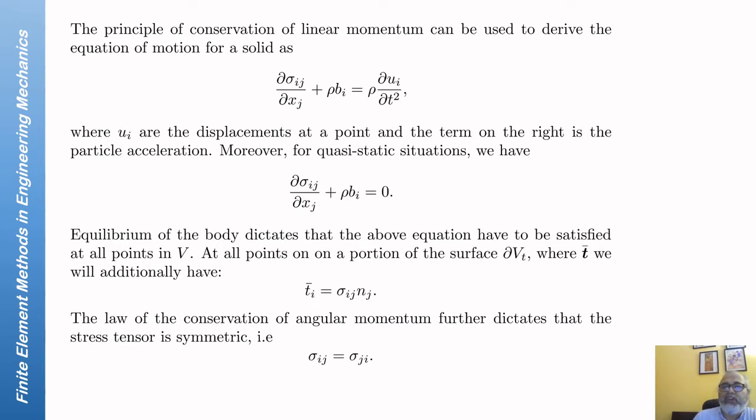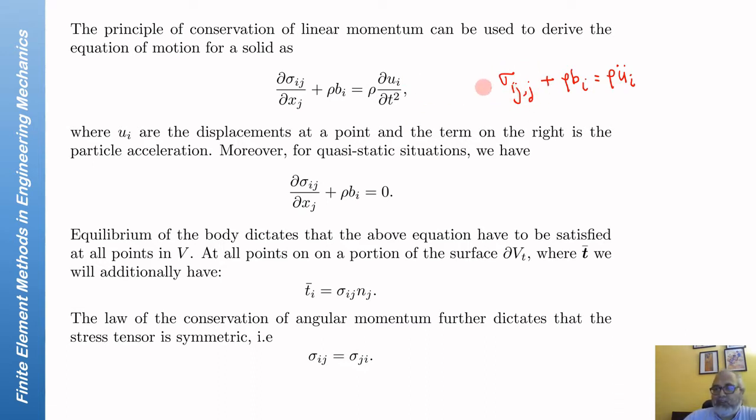The equilibrium equation follows from the equation of motion, follows from the conservation of linear momentum, and it is written in tensor notation as sigma ij comma j plus rho bi equal to rho ui double dot, the double dot indicating second derivative with respect to time.